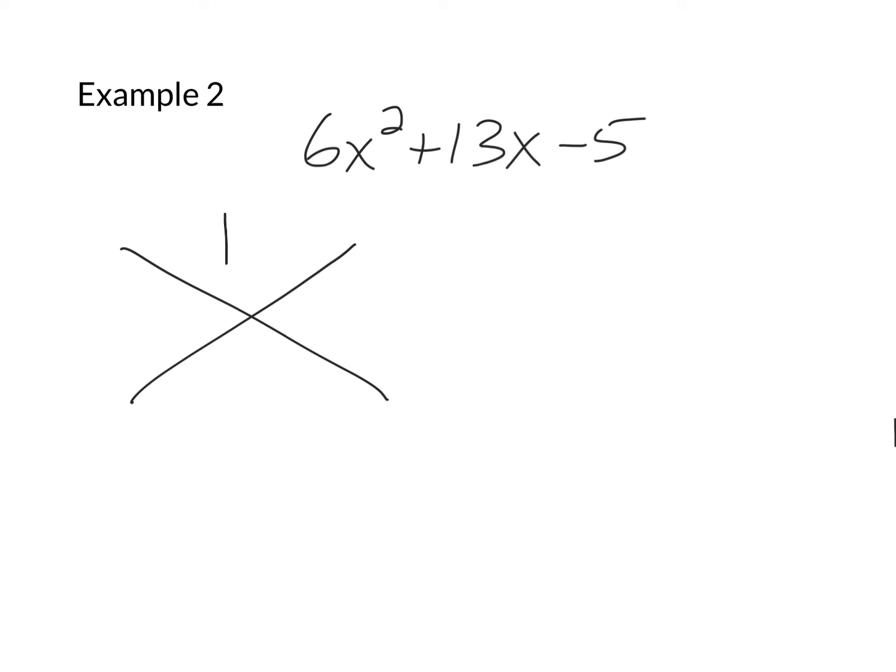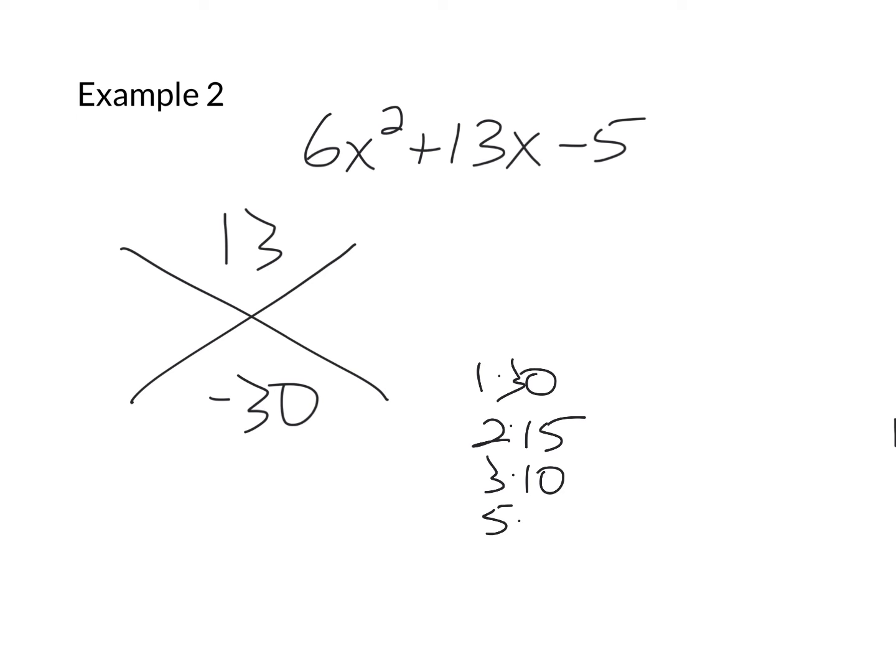So we're going to put the 13 here, and we're going to put negative 30 here because 6 times negative 5 is negative 30. Now, the factors of negative 30 that add up to 13, if we were to work those out really fast, we have 1 times 30, 2 times 15, 3 times 10, and 5 times 6.